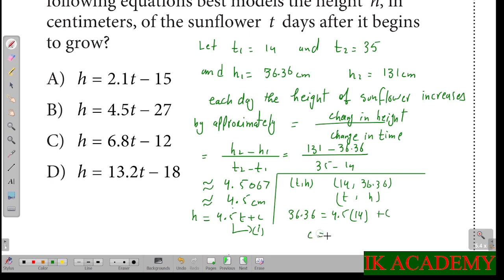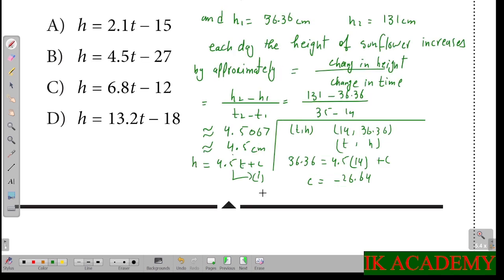So c will be equal to minus 26.64. So h will be equal to 4.5 t minus 26.64. So the closest and the best model among these options will be the option number B.